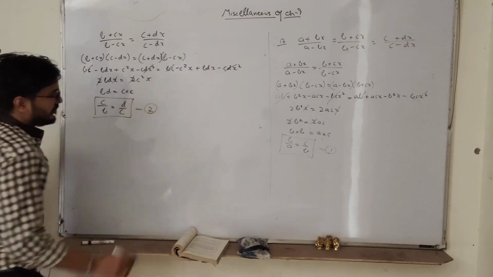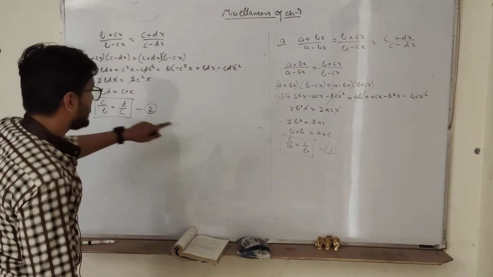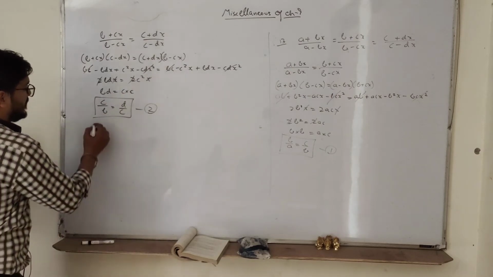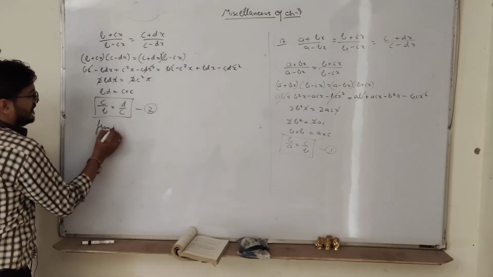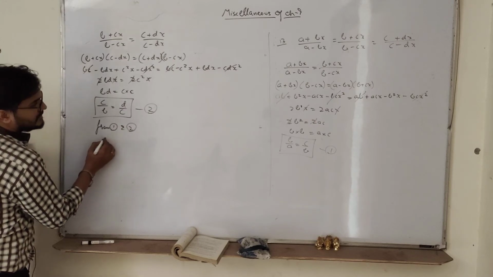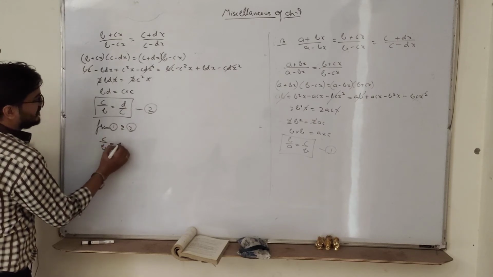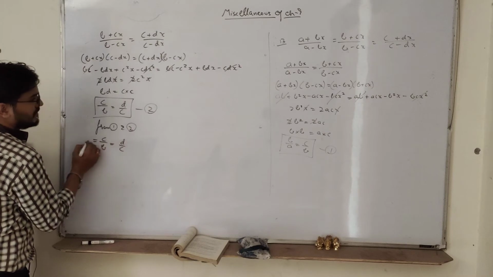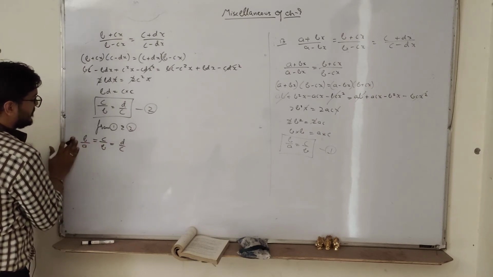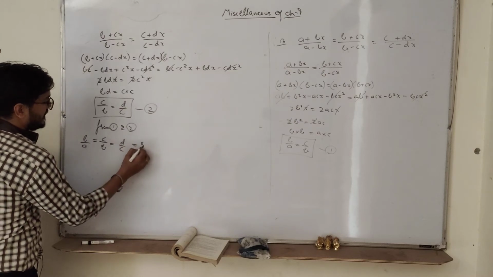Second, so from 1 and 2 we can say c upon b is equal to d upon c is equal to b upon a. So the common ratio is the same.